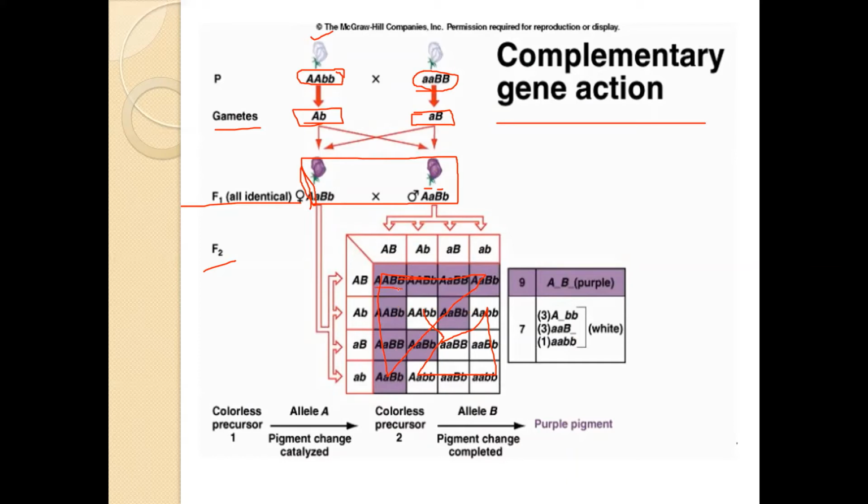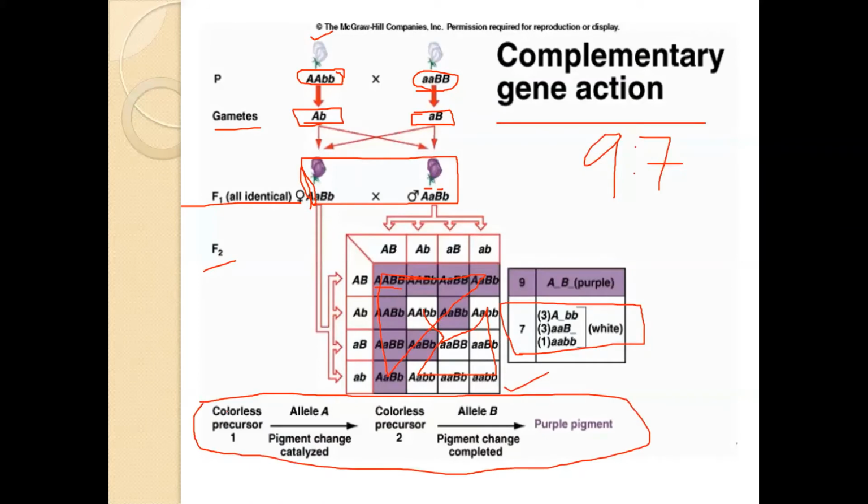But in the rest of the cases, in these white panels, either A or B lacks its dominant allele, and whenever it lacks a dominant allele, it produces a white flower color. That is why we get a ratio of 9:7.